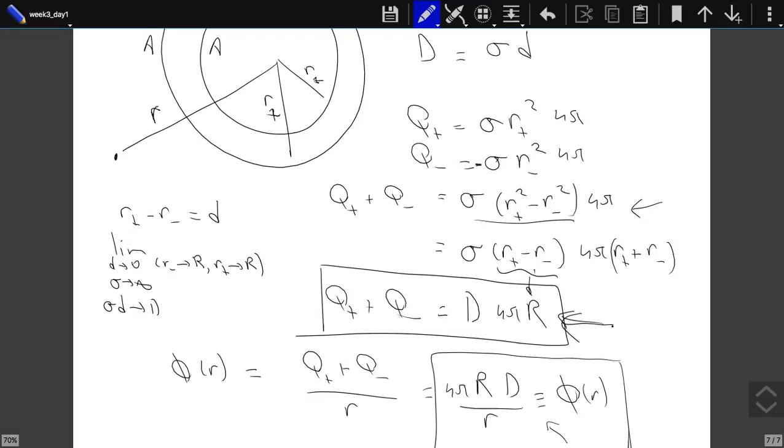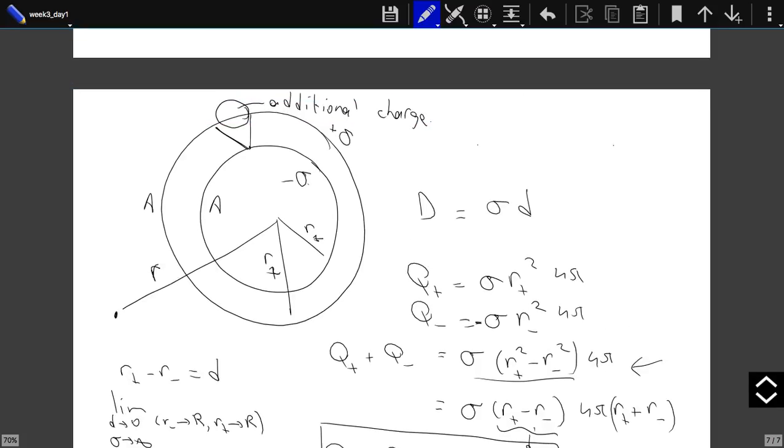The areas, you see, are the same. The difference in the areas, that is, this additional charge will be equal to, let's say, sigma times delta A, which is 0. But you see, we are taking the limit. Delta A is actually 4 pi times r plus squared minus r minus squared. We are taking the limit as r plus and r minus go to the same number. d goes to 0, but sigma goes to infinity.